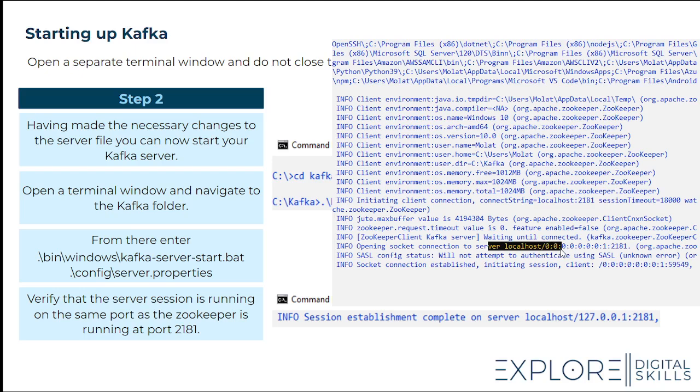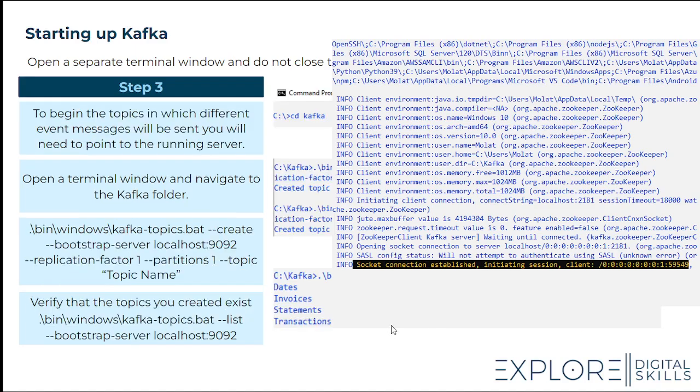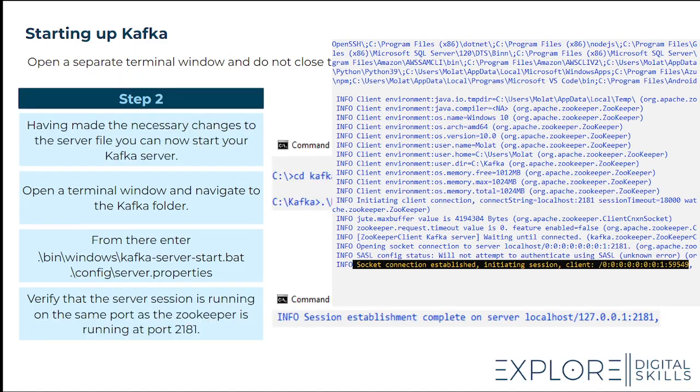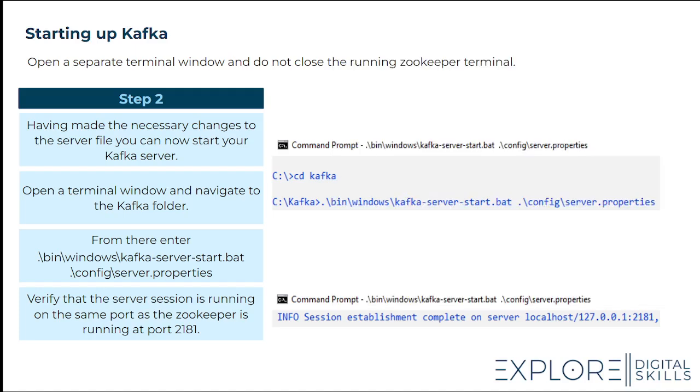It opened up the socket, and here we go. It has been established and solidified. So we now know that it's actually running. And now that it's running, we are able to do the next logical step, which is ideally creating some of the topics that we want to be listening out for.